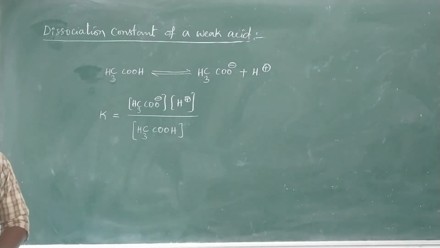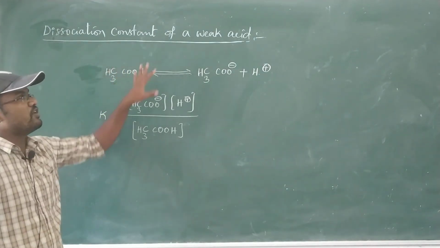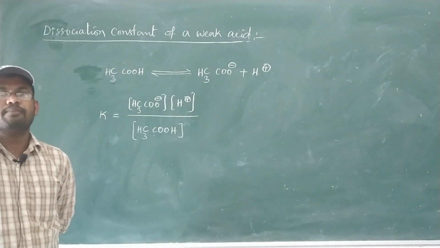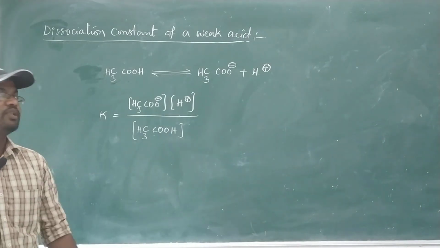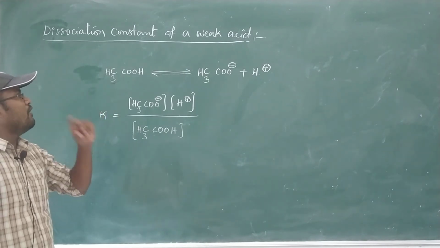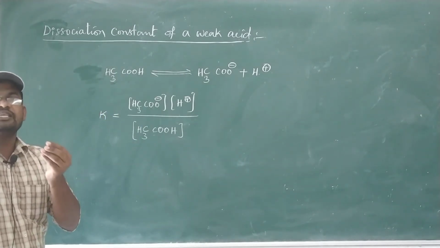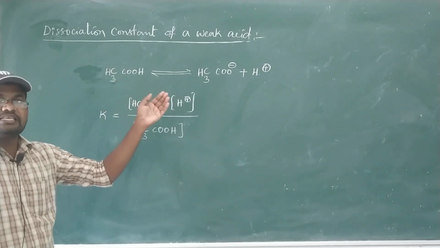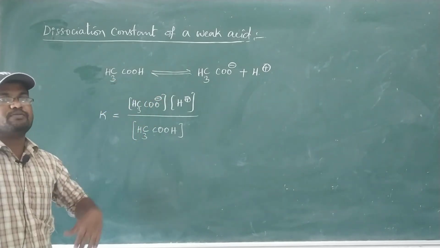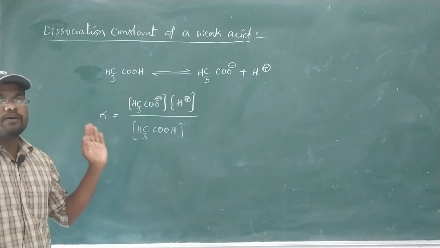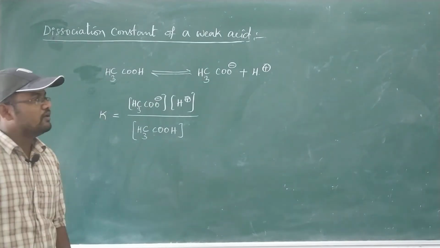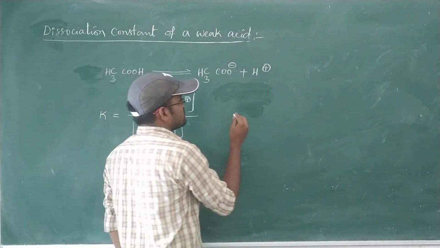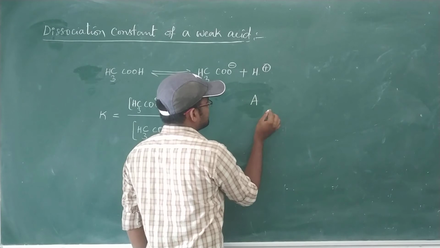The dissociation constant of a weak acid can be determined with the help of a spectrophotometer and Beer-Lambert's law. We just have to calculate the concentration of the acid and the dissociated ions, nothing but acetate and H plus ion concentration. So from start to end, we get the dissociation constant from Beer-Lambert's law.